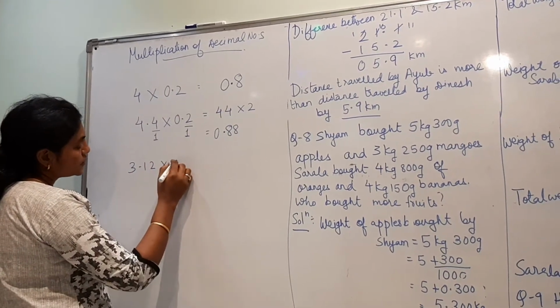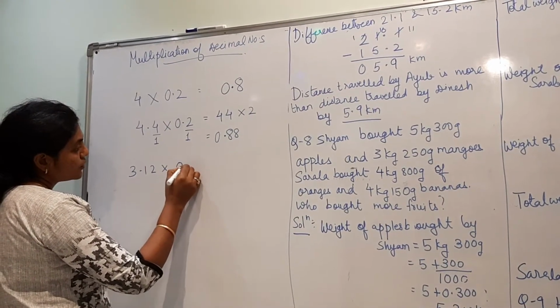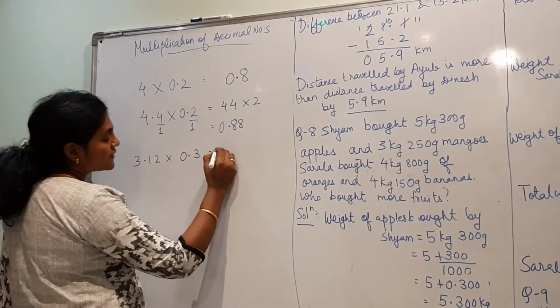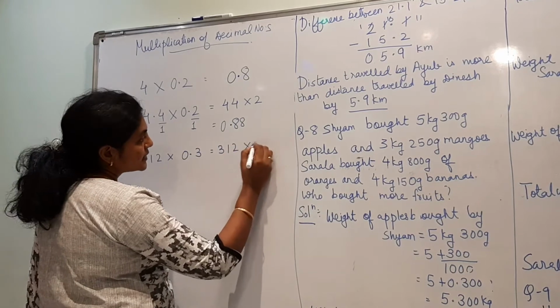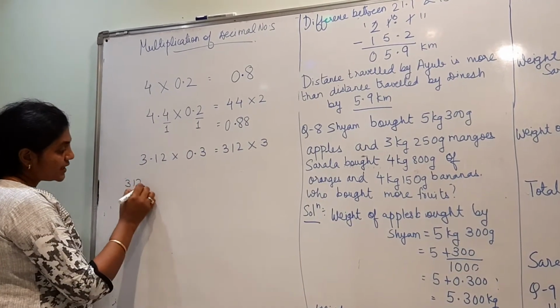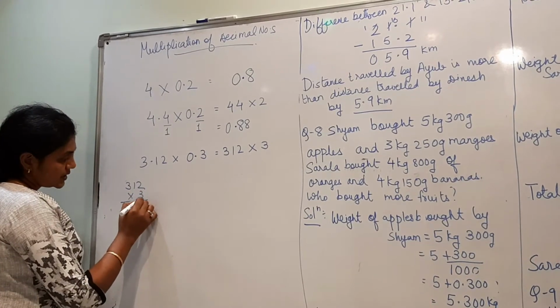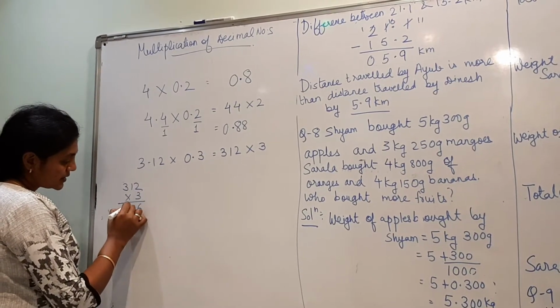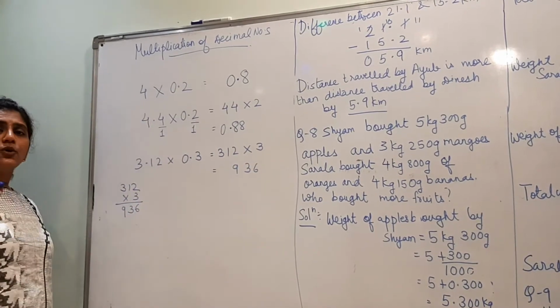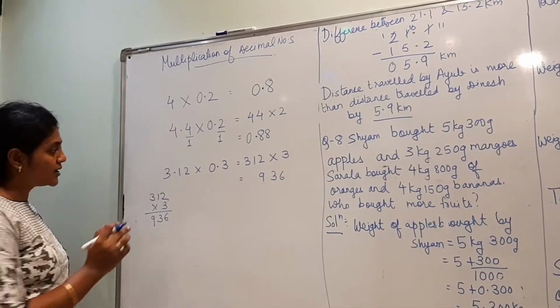I will give another example. 3.12 into 0.3. I will remove the decimal point. I will multiply these two numbers. So 312 into 3, 6, 3, 9. 936. Now you have to place the decimal point.